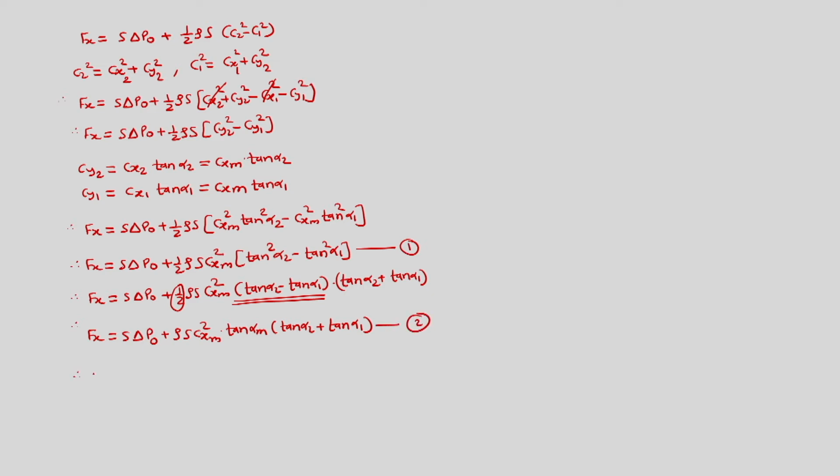So, we can write Cfx is equal to Fx upon half rho L Cxm square, and this gives us, if we use equation number 1, S delta P naught divided by half rho L Cxm square, plus half rho Cxm square will cancel and we will have S by L into tan square alpha 2 minus tan square alpha 1.